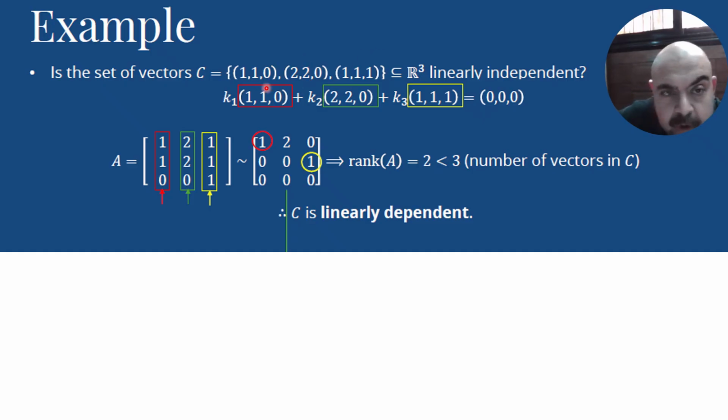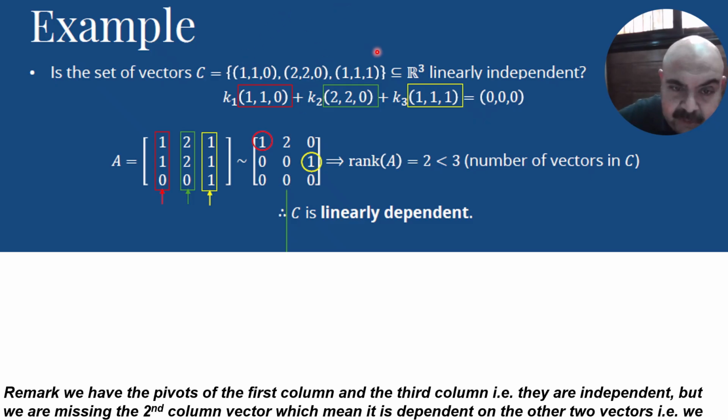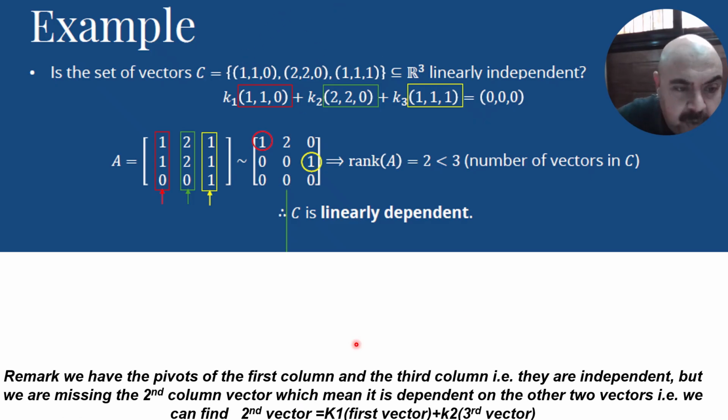If you give them a good look, you will remark that the second vector is a combination of the first and the last vector, as we would say. All of this was written here. Remark, we have the pivot of the first column and the third column. They are independent, but we are missing the second column vector, which means it depends on the other 2 vectors in generating itself.